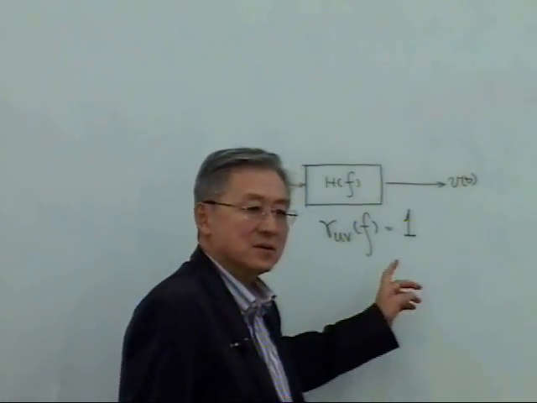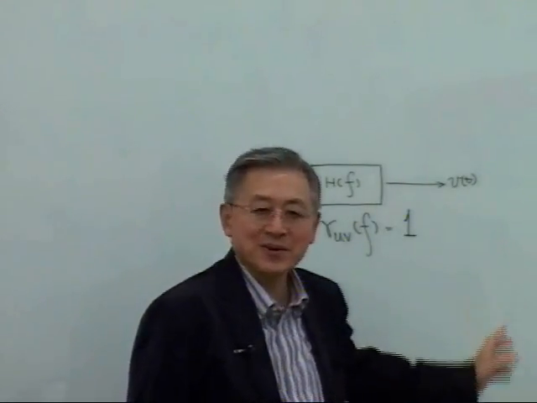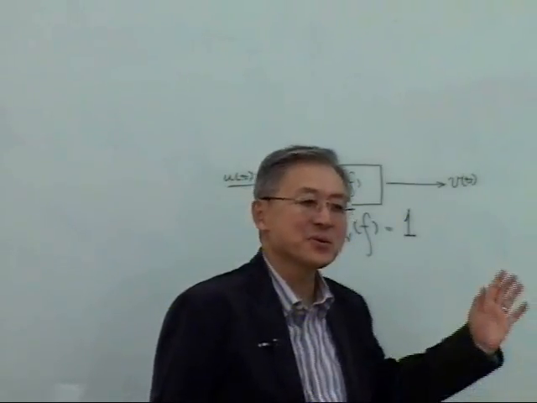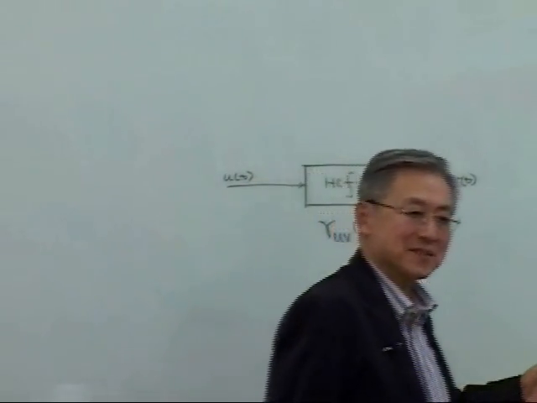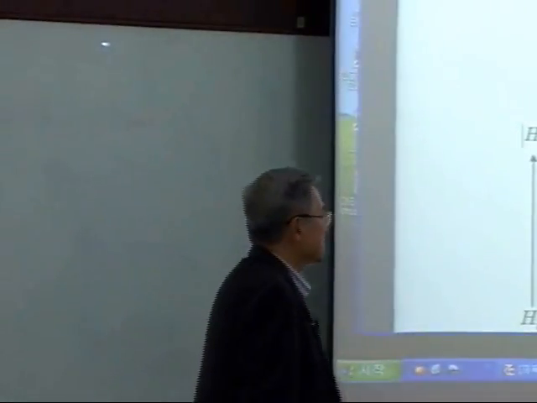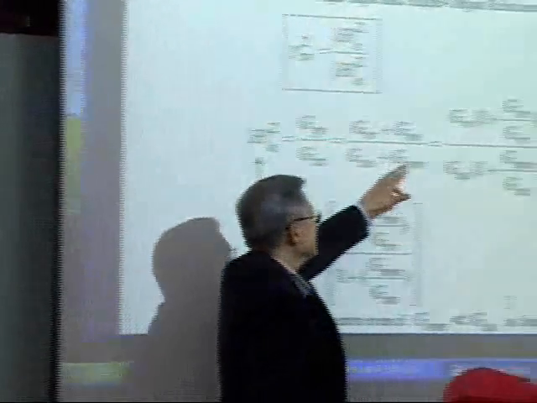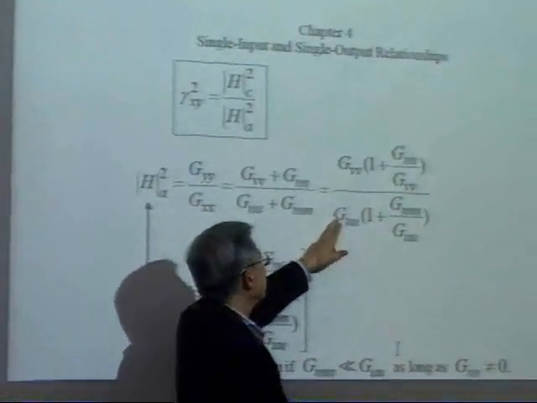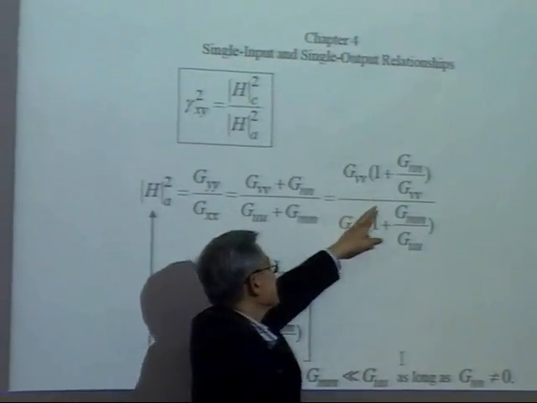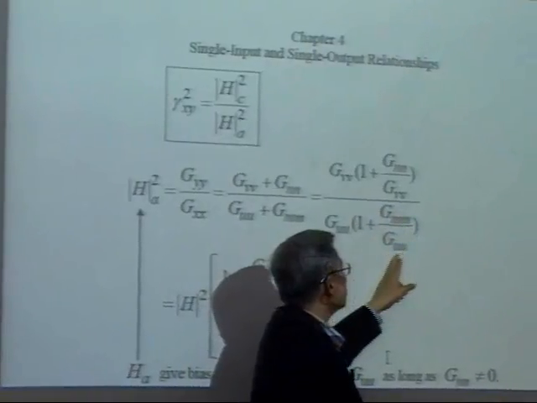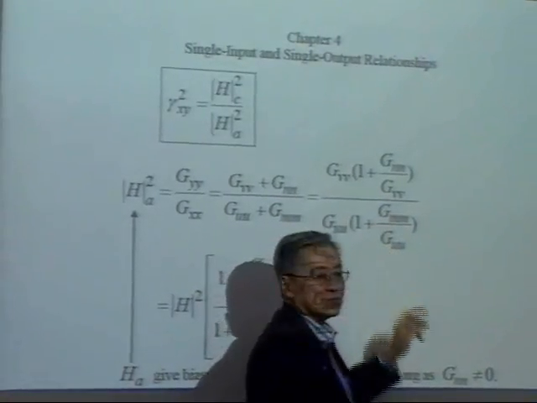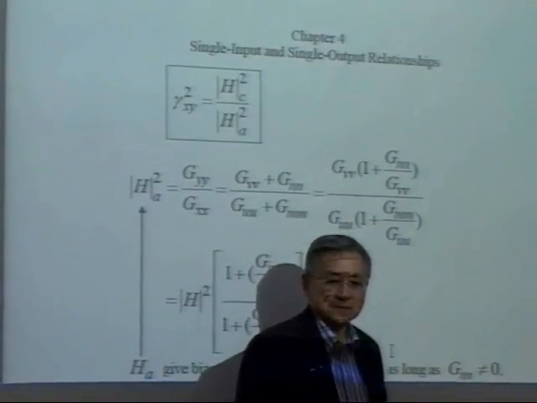That's a 1. Why? No noise in there, okay? No noise. Simple, right? You can put the equation forms. UU, GUU. This is input noise to signal ratio.